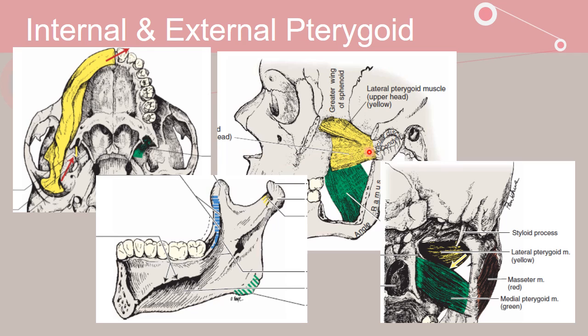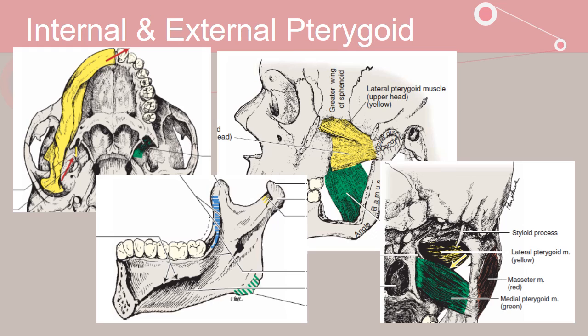So is this the only muscle capable of protruding the mandible? By virtue of its attachment to the articular disc, when it contracts that way, it brings the articular disc and the condyle downward and forward, thereby opening the mouth.